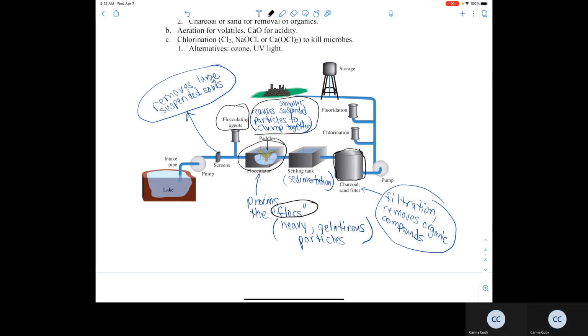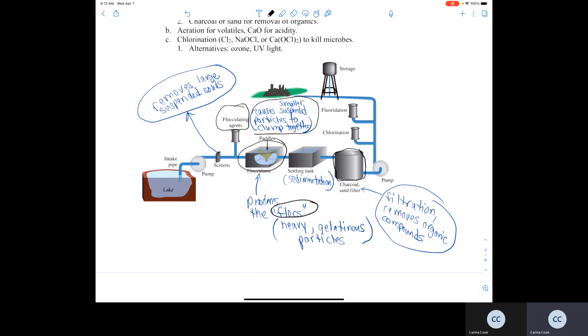And the flocculating agents are a combination of various chemicals, mostly organic in nature. And so the charcoal and sand filter will remove these organic compounds from the water. Because if these compounds aren't removed from the water, it could affect how the water tastes and how the water smells.